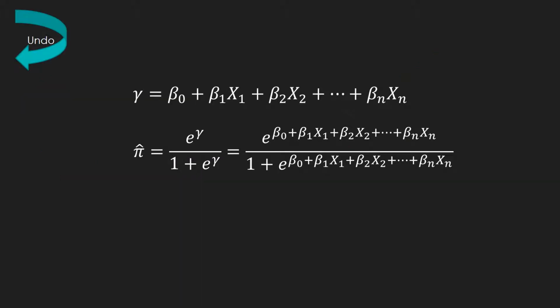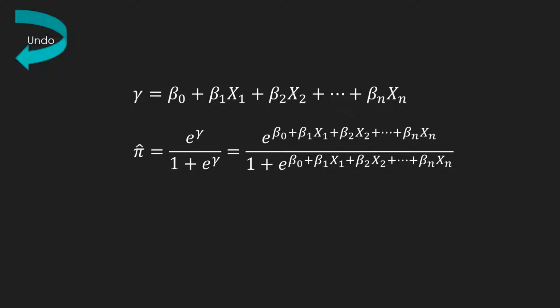Since the regression was done using a Logit transformation of the probability, you may wonder how this function can be used to retrieve the probability of the dependent variable. If lambda is the predicted Logit response, then e to the power of lambda divided by 1 plus e to the power of lambda allows us to get the predicted probability, here shown as pi with a hat, to emphasize that it is a predicted value.